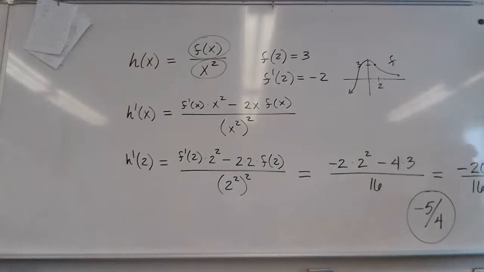What makes these questions really difficult is that there's not really any intuitive way to check your answer. On a lot of other questions we do, you can graph the function and ask, is this derivative that I calculated a reasonable number?